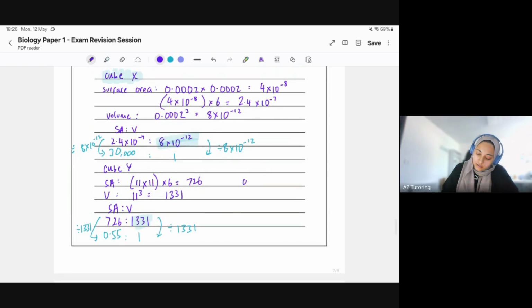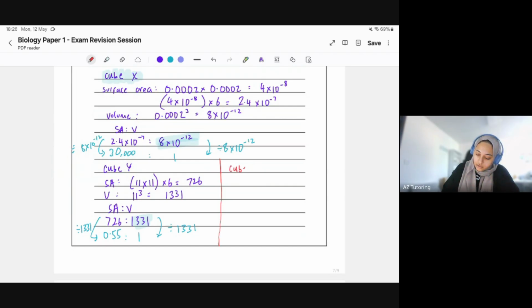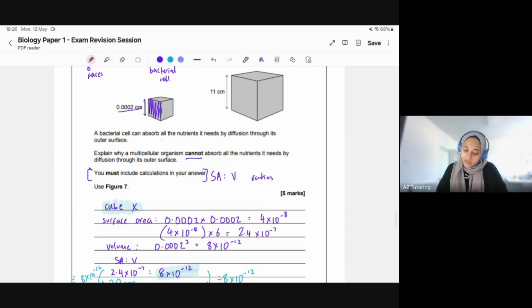You can say cube... let me just put this in a different color. I'll put my explanation here. So cube X has a larger surface area, so that allows it to absorb nutrients.